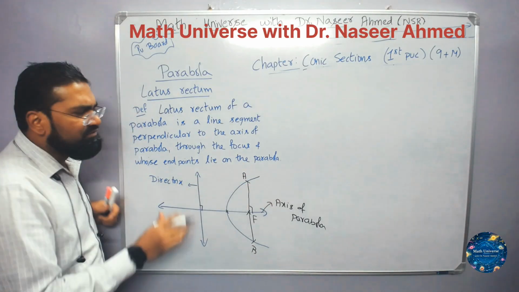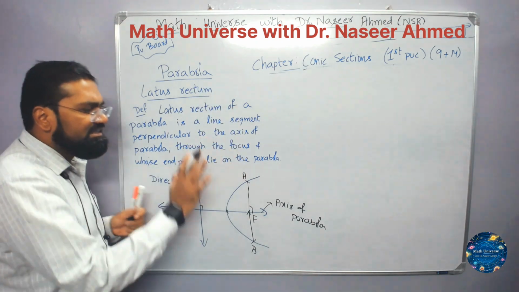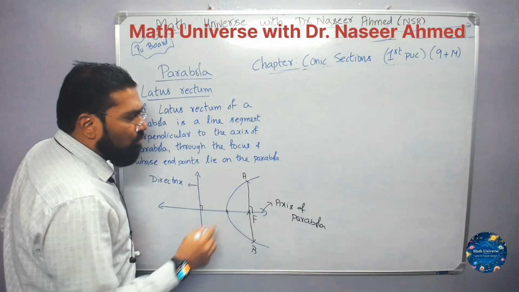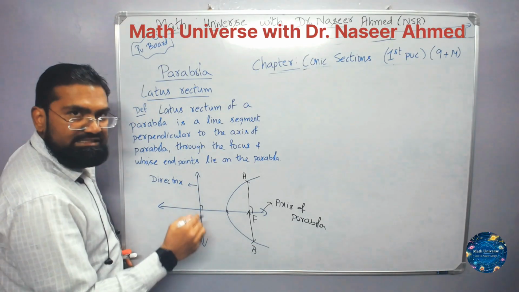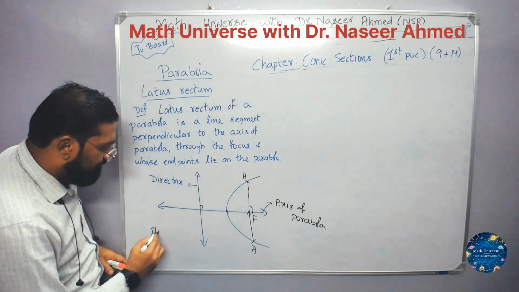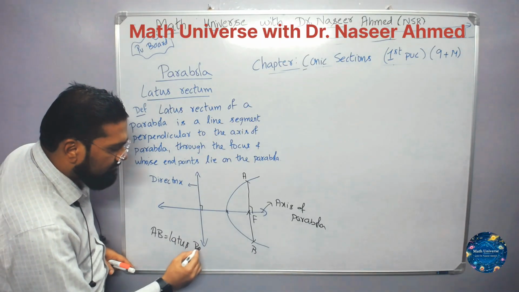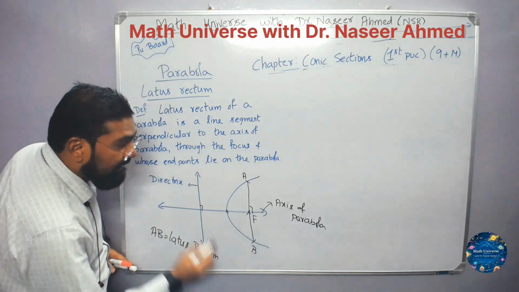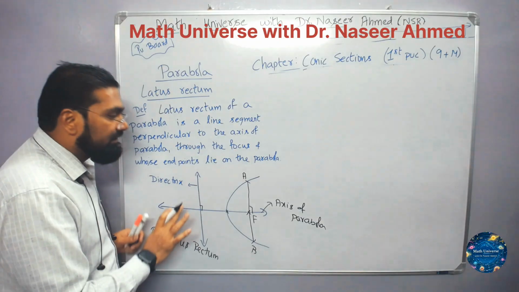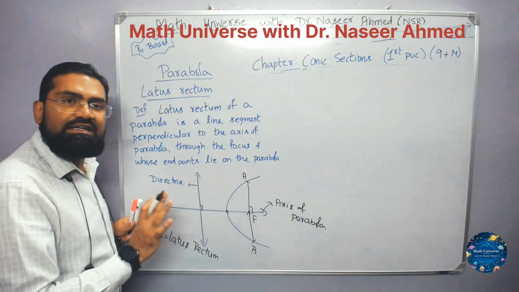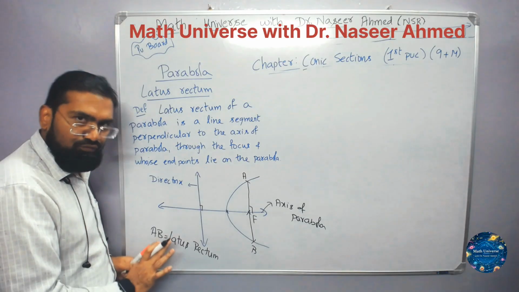From the diagram, whatever we said is very clear. Now, we want to know the length of the latus rectum. Here AB is our latus rectum. Again I am saying that I have not mentioned the coordinate axes, so we are discussing in general so far.